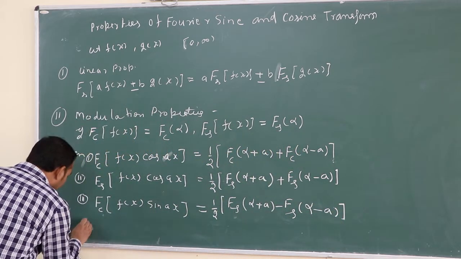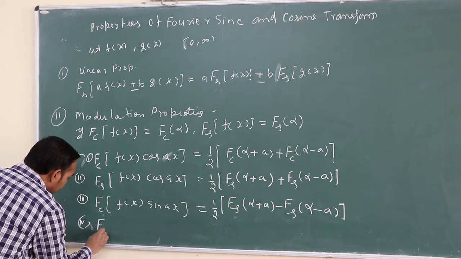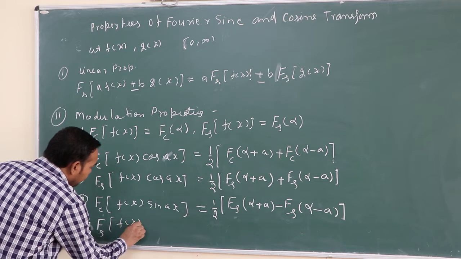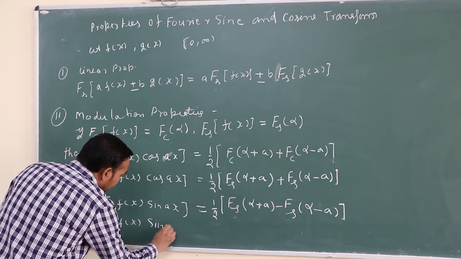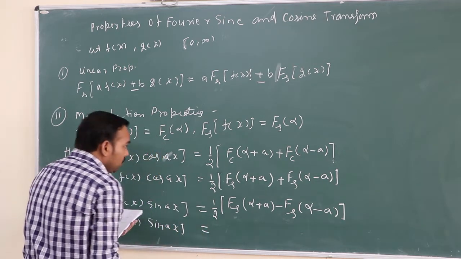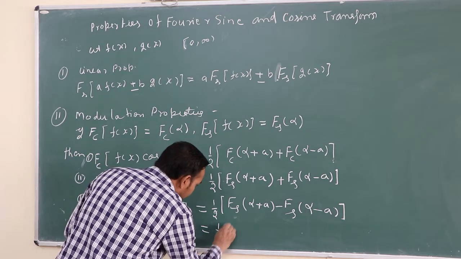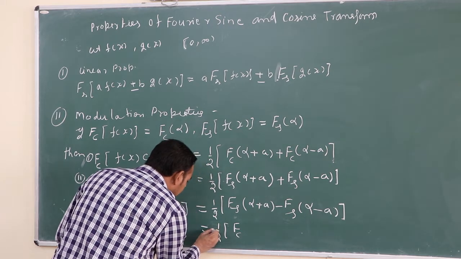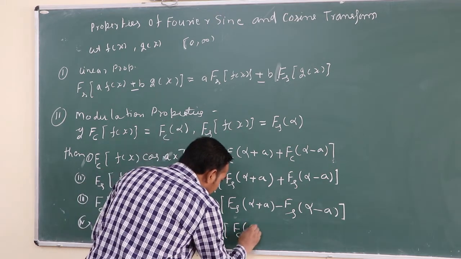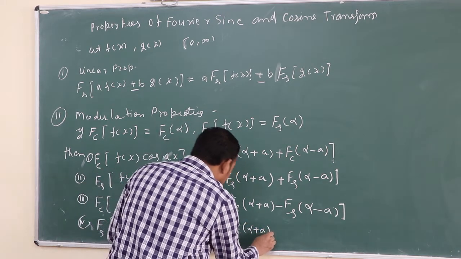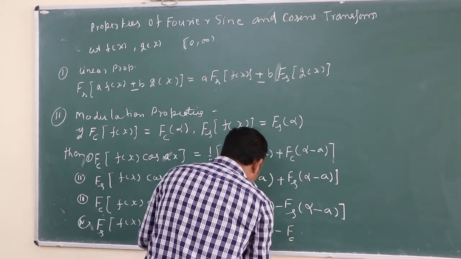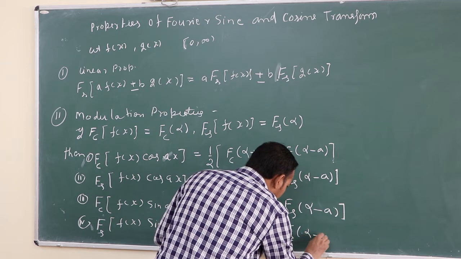And the fourth one is the Fourier sine transform of f of x sine ax, equal to half of Fc alpha minus a minus Fc alpha plus a.